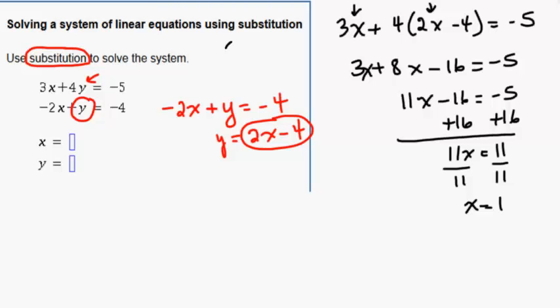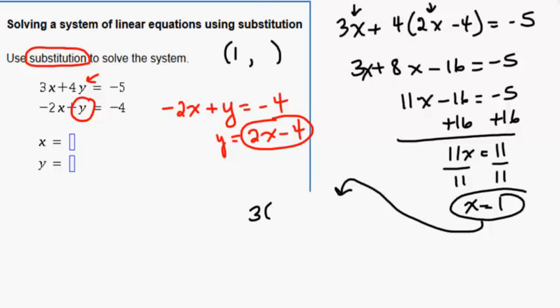Now remember, your goal here is to find that ordered pair that works in both of these equations, because it's going to represent the point where these two lines intersect. So we know that x is 1, so we can substitute that 1 back into either of these equations. And I'm just going to substitute it back into the first equation. So we're going to take this x equals 1 and substitute it in. 3 times 1 plus 4y equals negative 5.